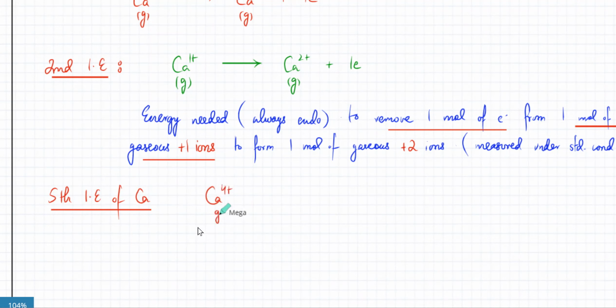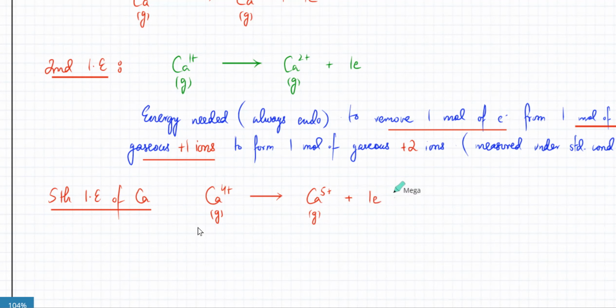I'm trying to remove the fifth electron, so this would turn calcium 4+ into calcium 5+ plus 1 electron.